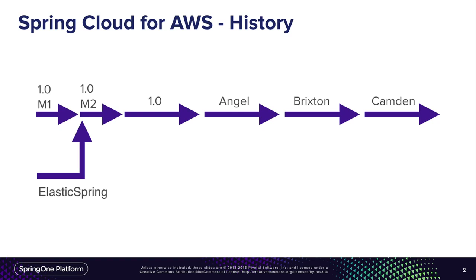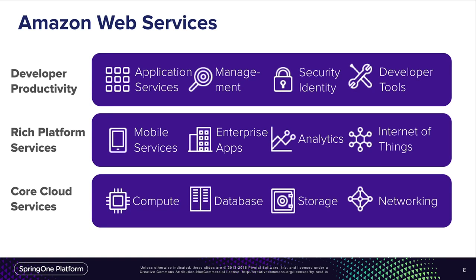We are on the release train, so every time there is a new release of Spring Cloud, there's also typically a new release of Spring Cloud for AWS. It reuses libraries of the Spring Cloud project. And the goal is to simplify, or to springify, the way applications are written for the AWS stack.